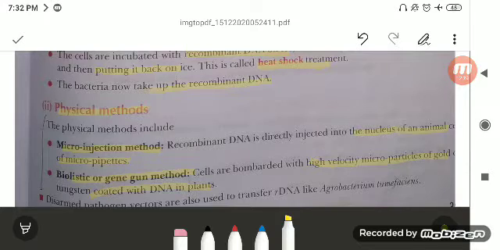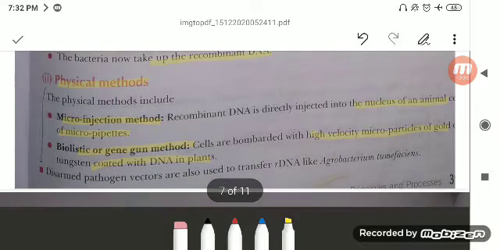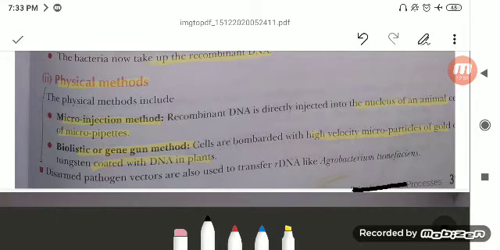So the microinjection method is for animal cells, whereas the biolistic gene gun is for plant cells. Disarmed pathogen vectors are also used to transfer the recombinant DNA, such as Agrobacterium, which is known as the plant genetic engineer. So this is very important.